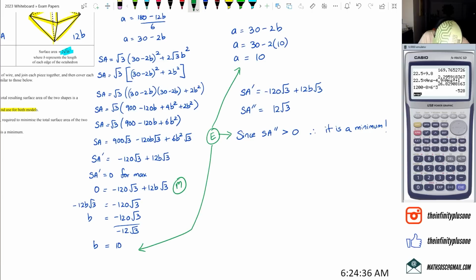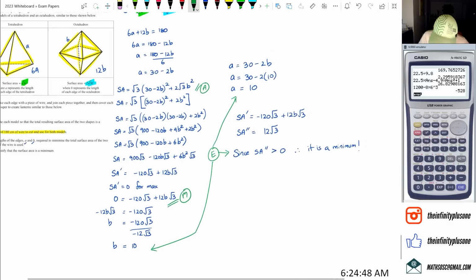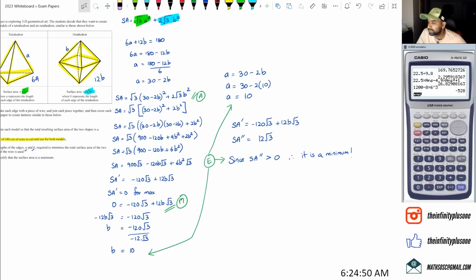So this part right here is merit. And for achieved, you're looking at achieved right about there. And wow, okay, that's basically it for this paper. That's question 3 done.